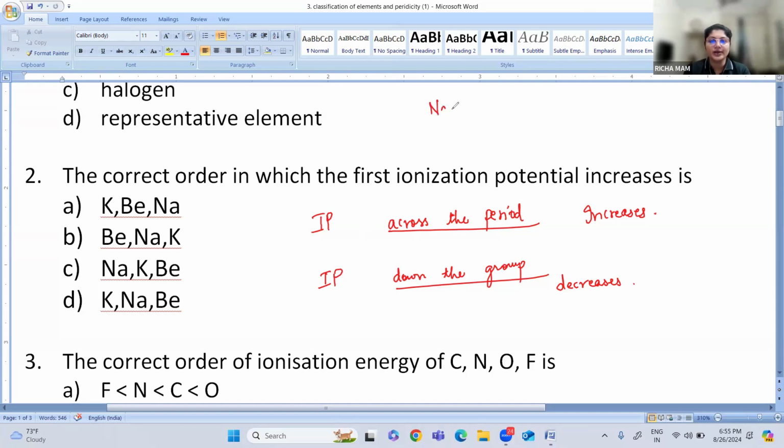First comes sodium, then potassium. Let me write here: hydrogen, lithium, then beryllium, then sodium, then magnesium, then potassium. Is anything left? No. Now apply this: how does the ionization potential increase?